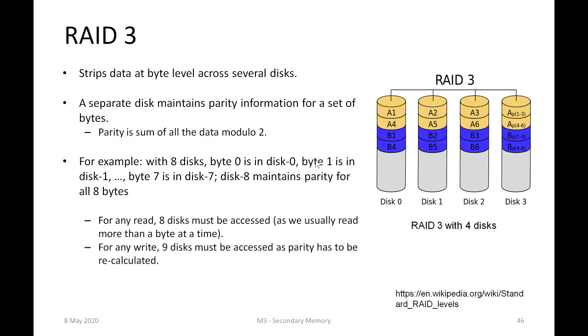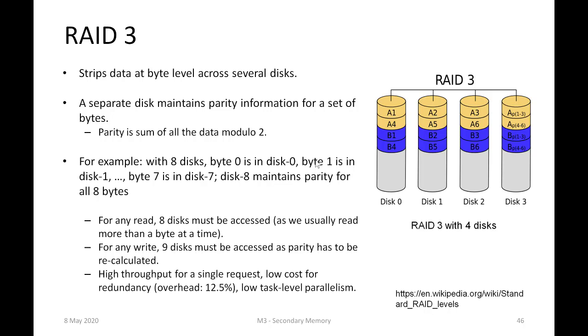If you want to write a new data, then we would need to access all the 8 disks. Sorry, there's a typo here. We need to read all the 8 disks, and we need to recalculate the parity and write it in the last disk.